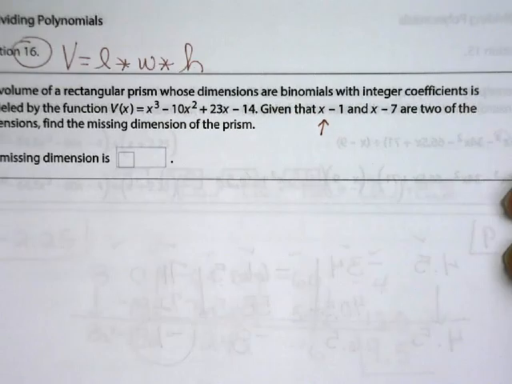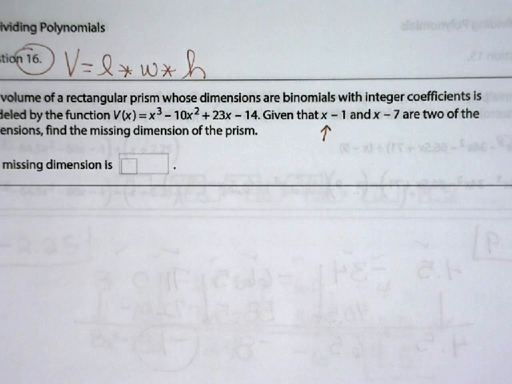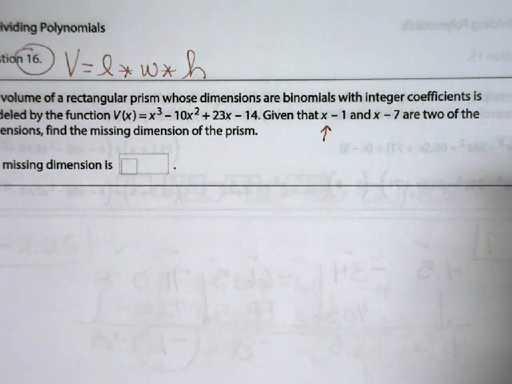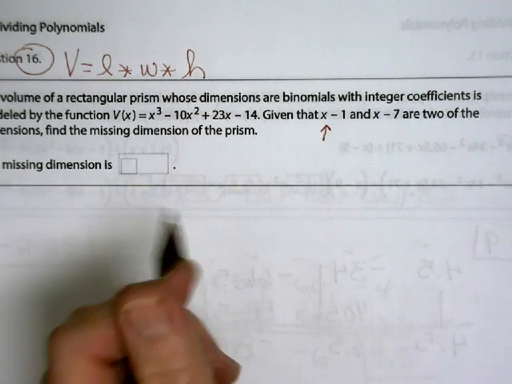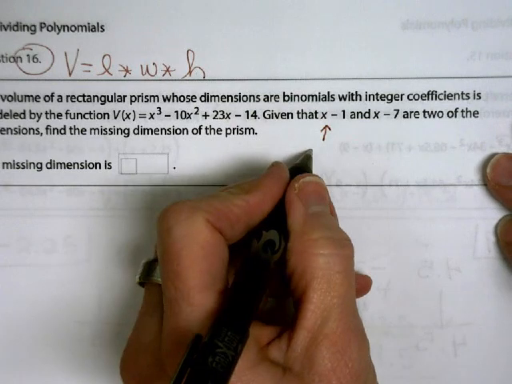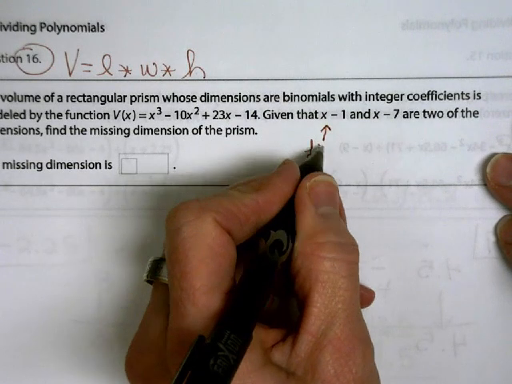So I vote for synthetic, and anybody else have a different vote, please let me know if you like long division, or you can do it yourself, and if you got it right, you're right. If you didn't get it right, then maybe you want to go the synthetic way because it's most efficient, and you can catch your mistakes really easy. You guys can see when I multiply wrong.